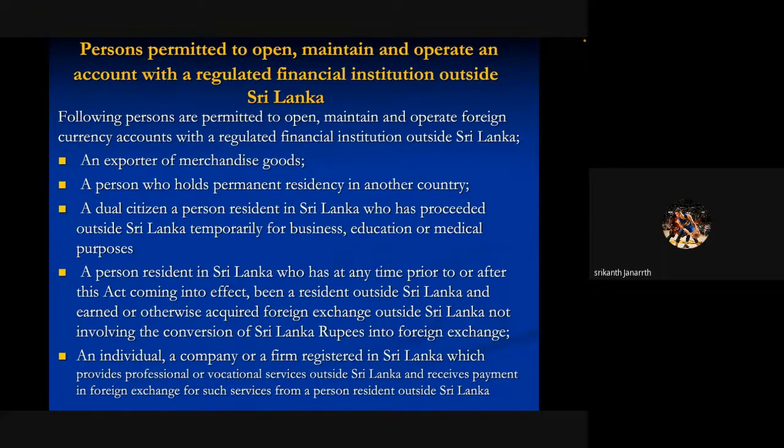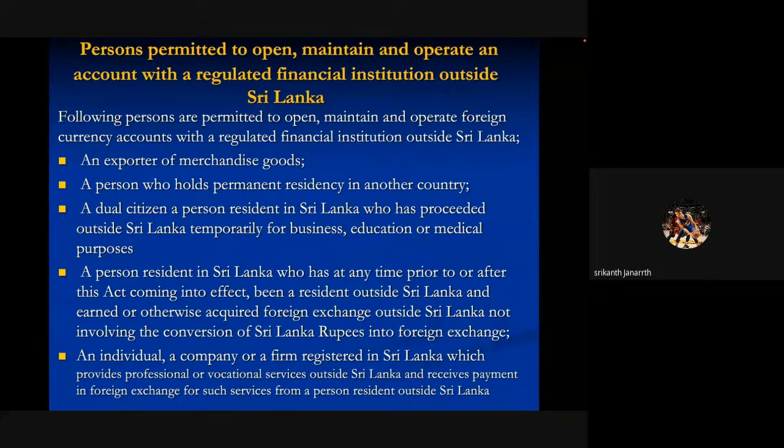So as far as you are not reconverting rupees into dollars, you are permitted to open and maintain a bank account overseas. Whatever money you maintain in that account, you can't convert here and send to that account.